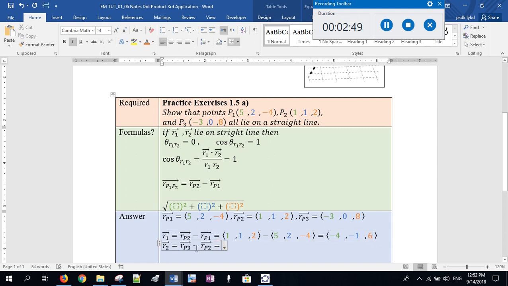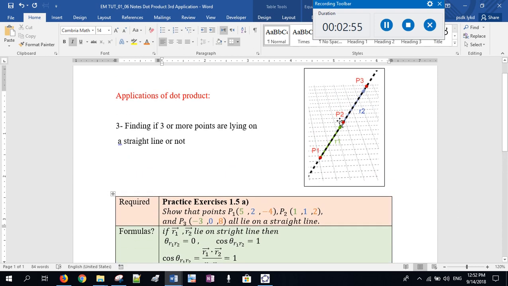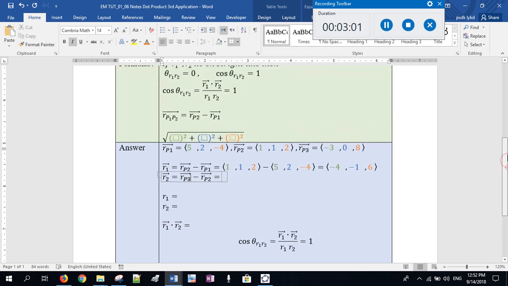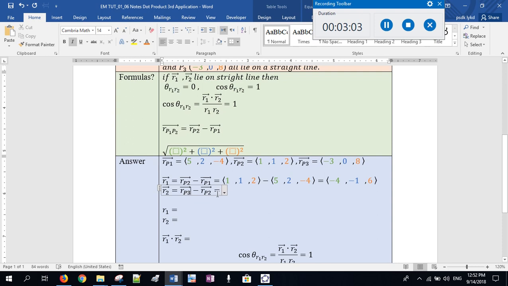Then R2 is from point 2 to point 3, and it will be RP3 minus RP2. So RP3 minus RP2.